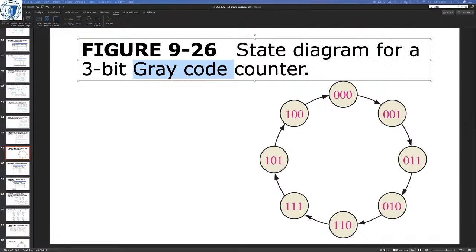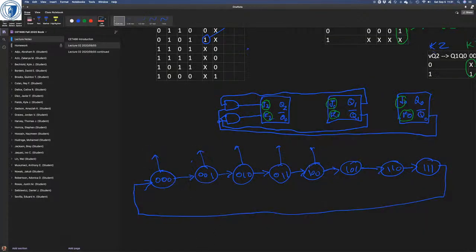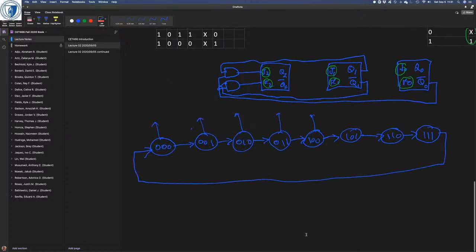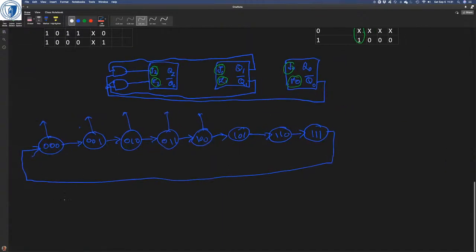Okay, so grey codes are used. Let me go back to OneNote so I can draw. Right, so grey codes, and let me go to white so it's easier to see, and close that up so we've got more room.